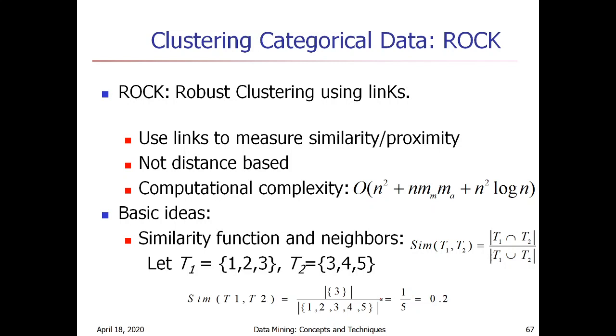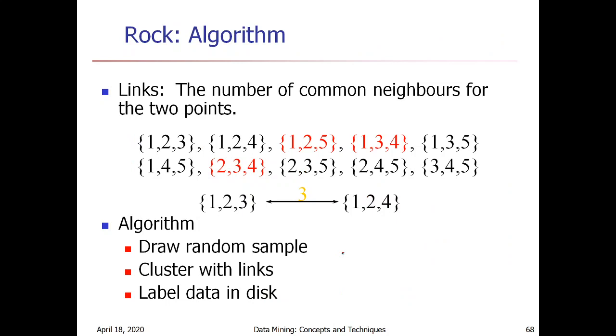So the complexity can be represented as big O of n square plus n m_m m_a plus n square log n. And if you take an example, like you have the points 1, 2, 3 and 3, 4, 5. So here you can take the point as 3 by 1 plus 2 plus 3, so 1 by 5, that is 0.5, where your common values exist.